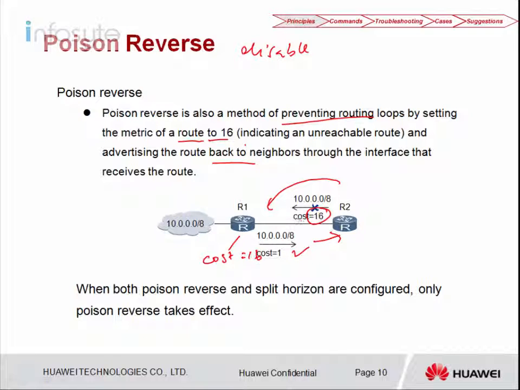All right, so the loop is prevented, because I do not believe that R2 has a path to 10.0.0.0/8. So when both poison reverse and split horizon are configured, only poison reverse will take place. Please remember that on Huawei devices, split horizon is basically enabled, and poison reverse is generally disabled.